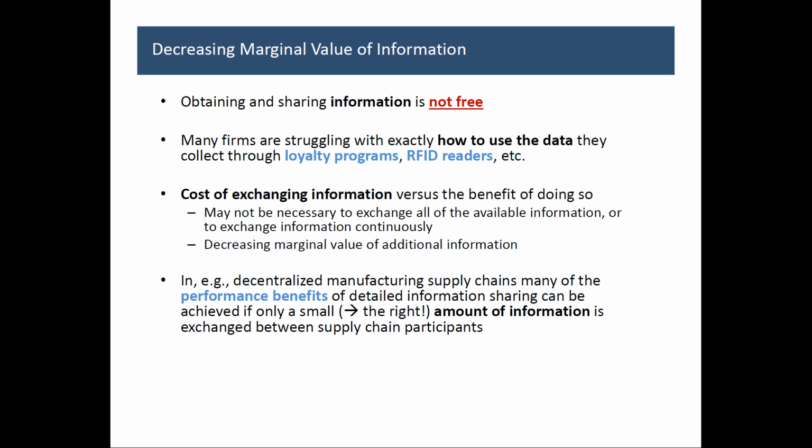And when it comes to the information that should be shared, there it's also quite complex. There are a lot of different programs, like loyalty programs that companies use to monitor the demand of the customers, but also tracking and tracing systems like RFID.